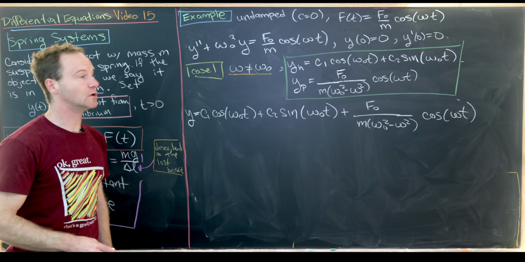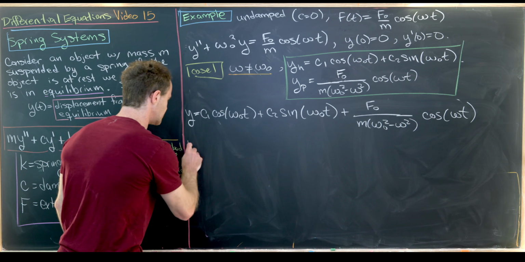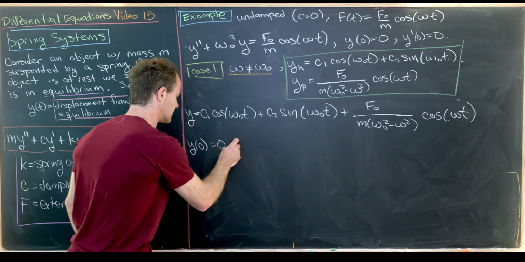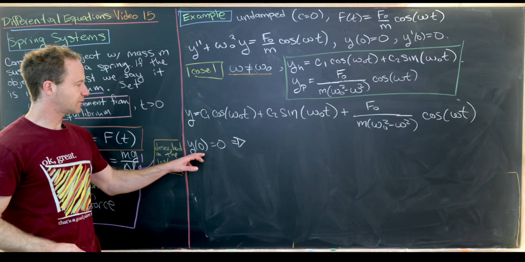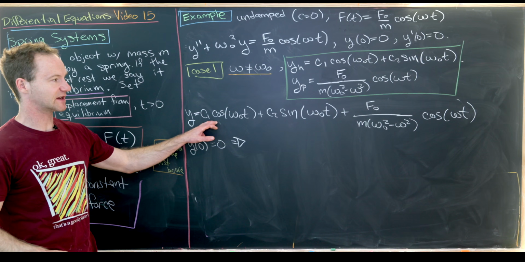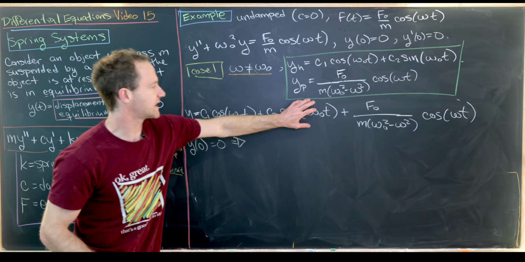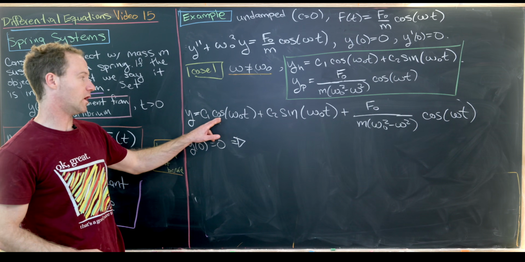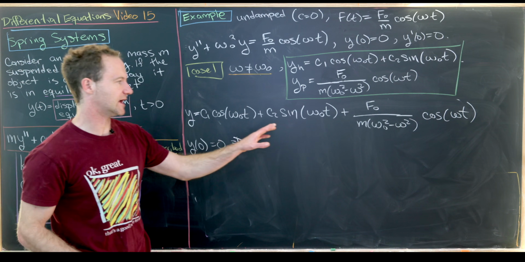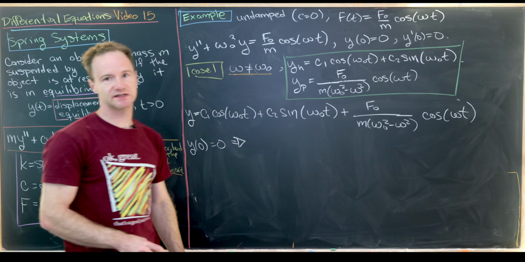Now let's start imposing our initial conditions. So the first is that y of 0 equals 0. So if we plug 0 into this, we'll use the fact that cosine of 0 is 1 and sine of 0 is 0. So that'll cancel this one out and give us 1 times c1 for this one, and just that constant for that one over there.